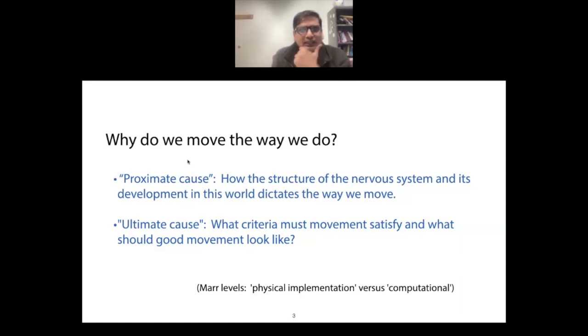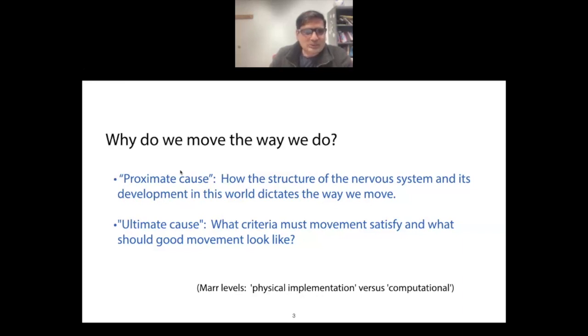The kinds of answers you can give to this question, at least in the ethology and animal behavior literature, are divided into proximate cause and ultimate cause, where the proximate cause is roughly defined, in this particular case, as how the structure of the nervous system gives rise to behavior, in the way it interacts with the body and the external environment.